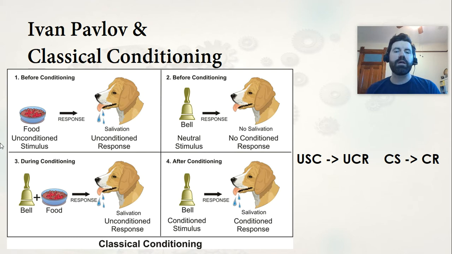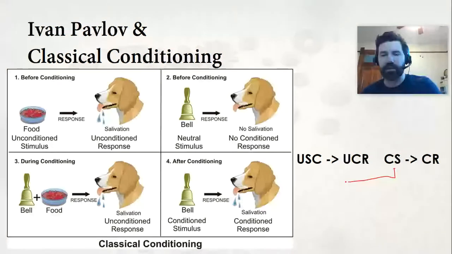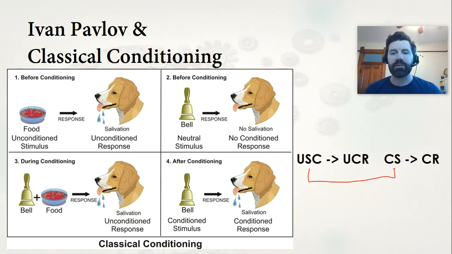You want to pair together an unconditioned stimulus like food with a neutral stimulus like a bell. And when you do that, the dog is going to salivate. In box three, the dog is salivating because it's getting food. But what that dog is also doing is learning to pair together these stimuli. And that really is the key to classical conditioning, pairing together our stimuli.